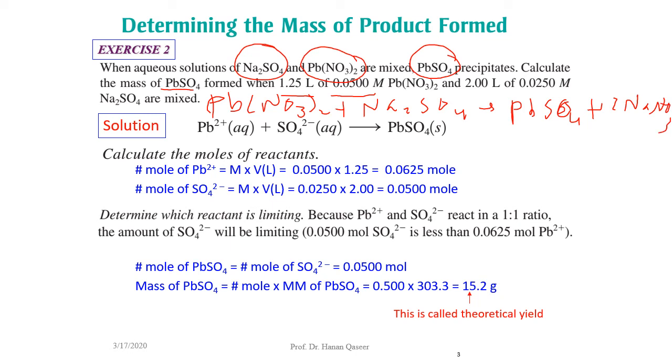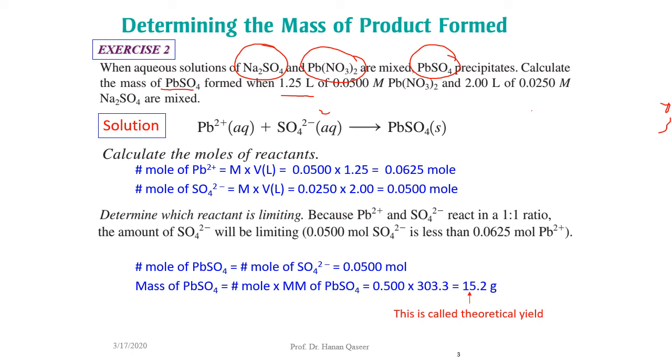This is the molecular equation, and this will give finally the net ionic equation. Net ionic equation is lead ion reacts with sulfate anion in a 1-to-1 ratio to give lead sulfate as a precipitate.